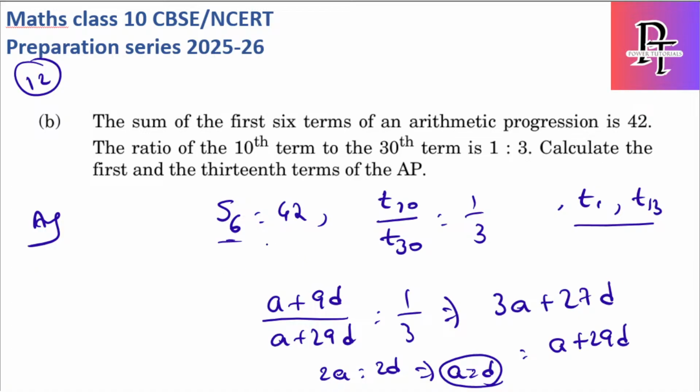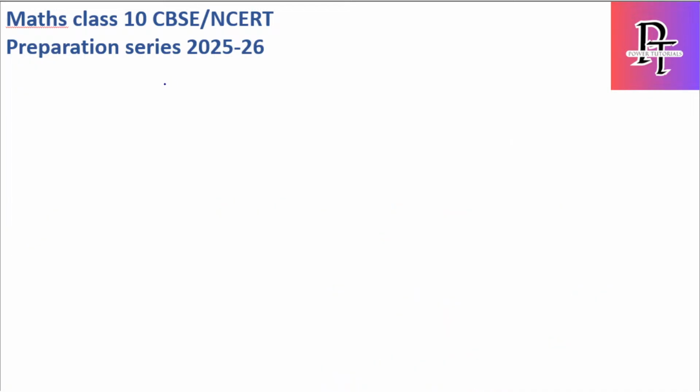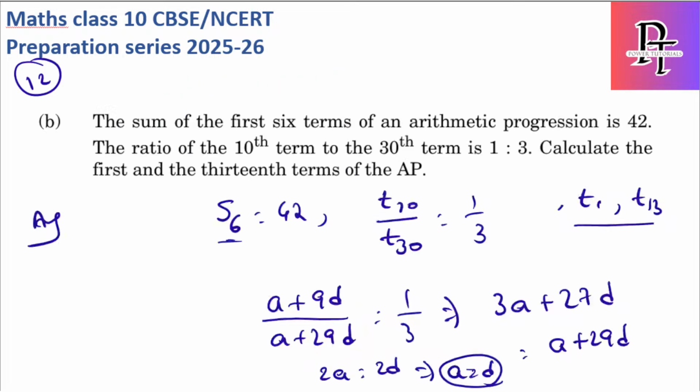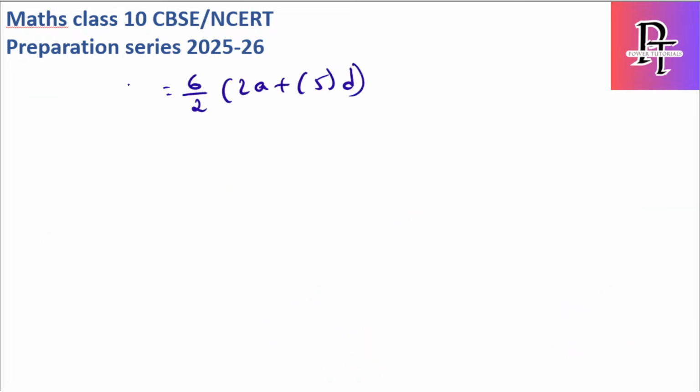Now let's use the Sn formula. S6 is 42, so n is 6. So 6 by 2 into (2a plus (6 minus 1) into d). S6 value is 42, so 42 is equal to 6 by 2, which is 3, into (2a plus 5d).